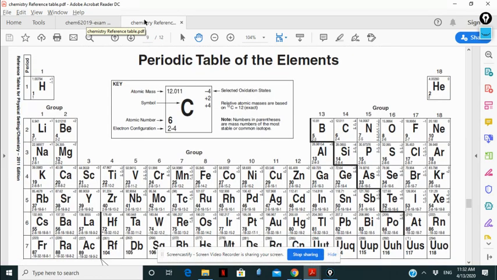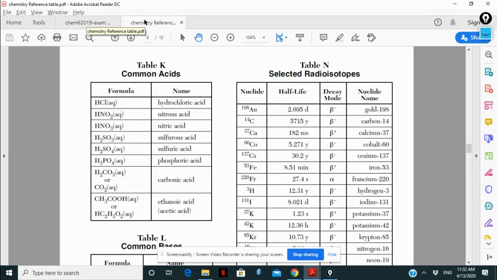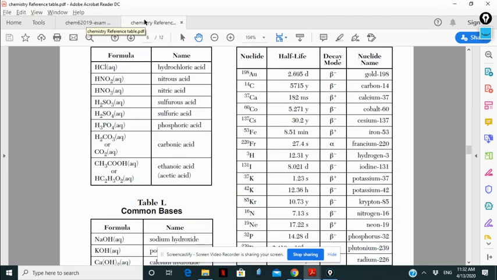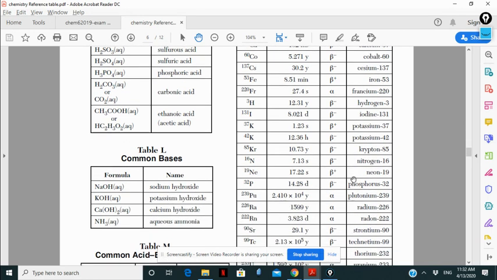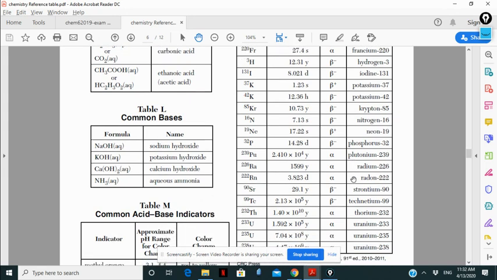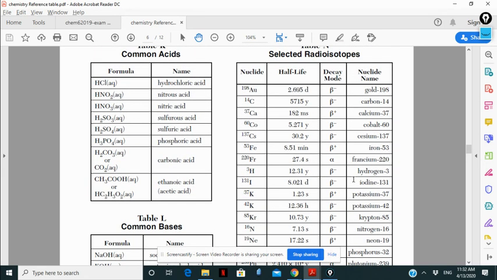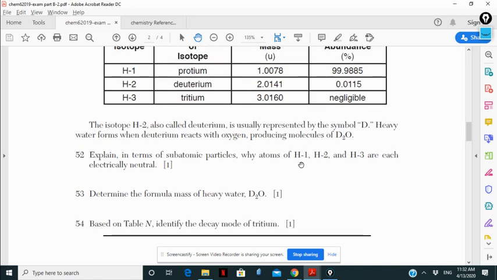Can't see tritium. I'm going to Table N again. I'm going to write on the right side, tritium. I can't see tritium here. Oh, okay.